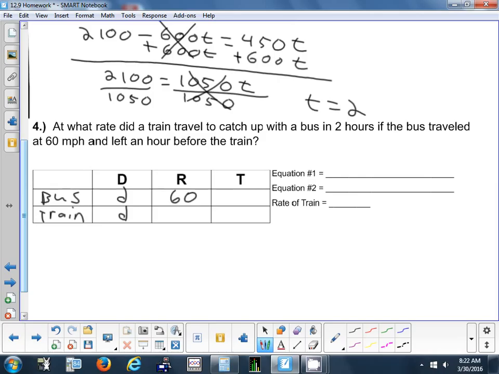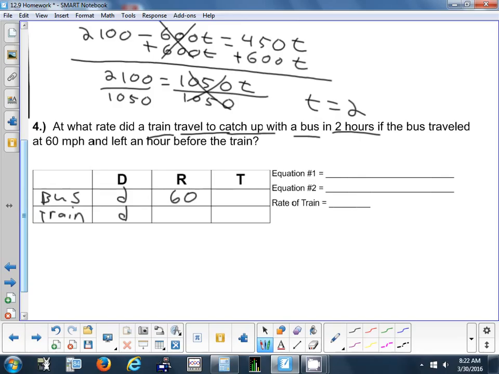So would it be like T minus 2 or something? Well, I think we know a number here we can fill in. What number do we know? 2. And it says the train traveled 2 hours to catch up with a bus.